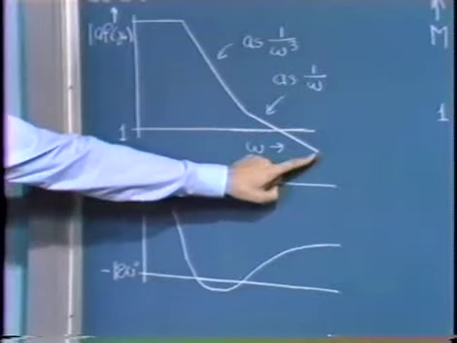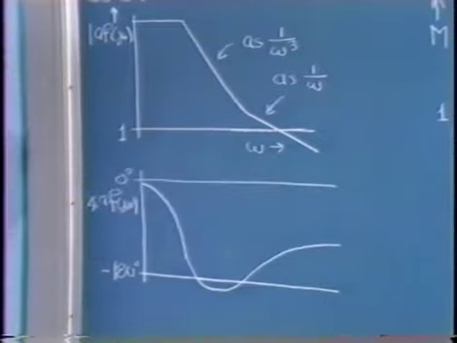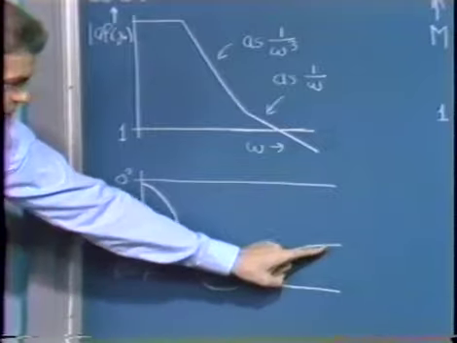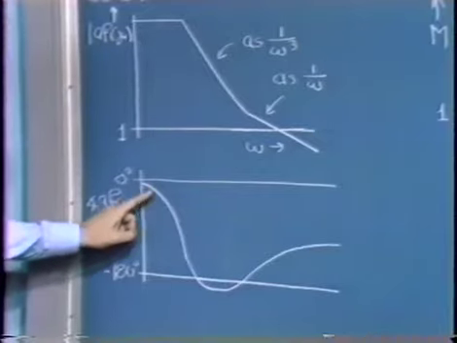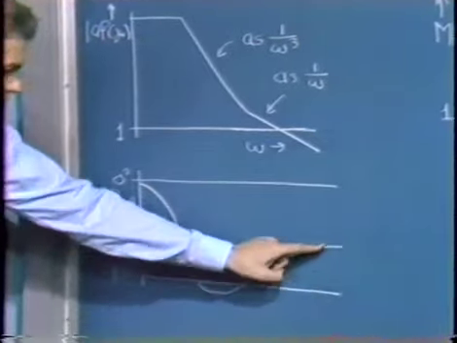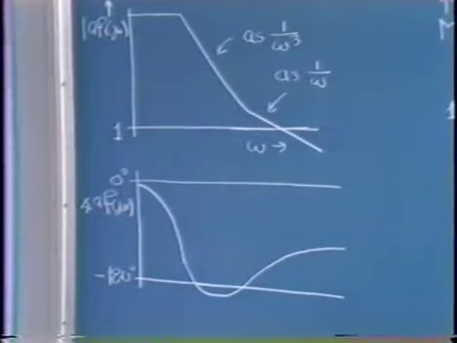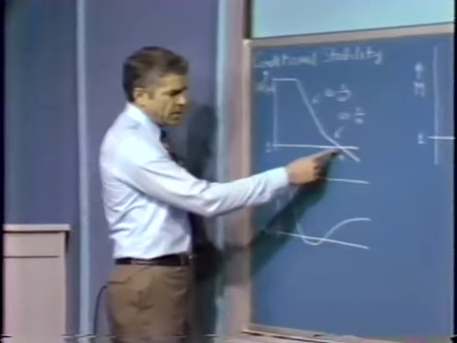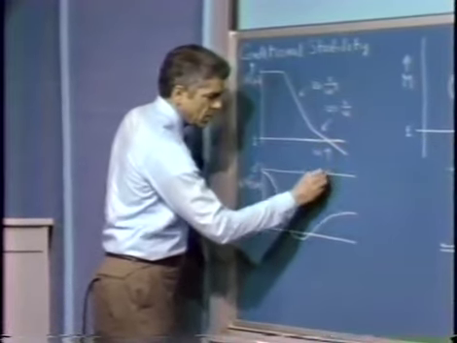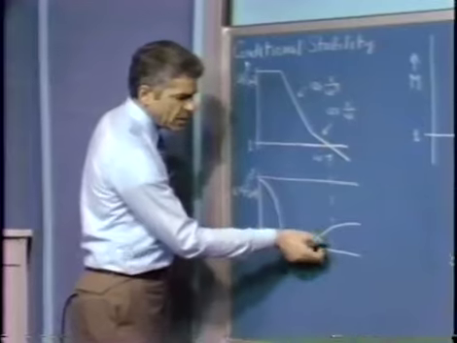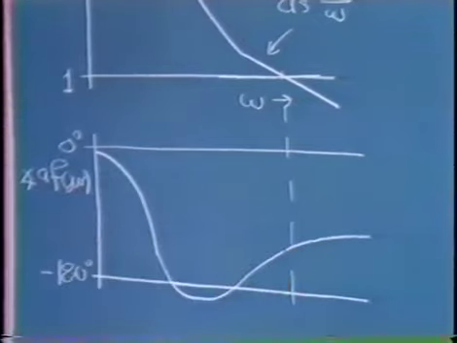If we have no higher frequency poles, in other words, if the 1 over s roll-off that we see here continues for all frequencies, the angle associated with the negative of the loop transmission will eventually approach minus 90 degrees. And so we have this sort of angle versus frequency curve and the magnitude versus frequency curve that I indicated before. We notice that the system as shown has adequate phase margin. Here's the crossover frequency, and we have this much phase margin, certainly a positive value.